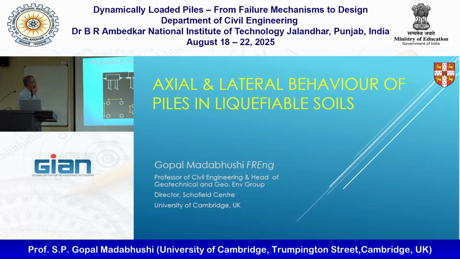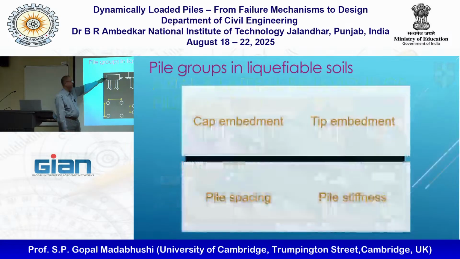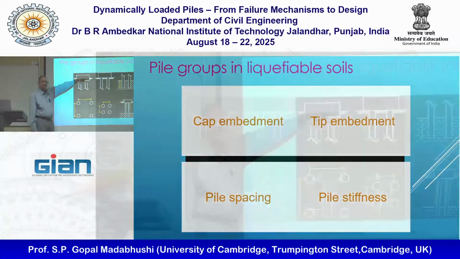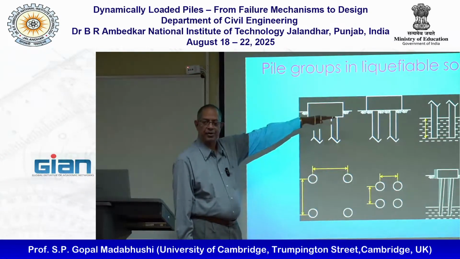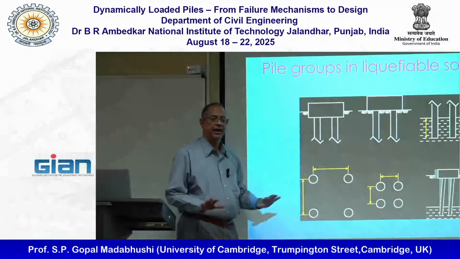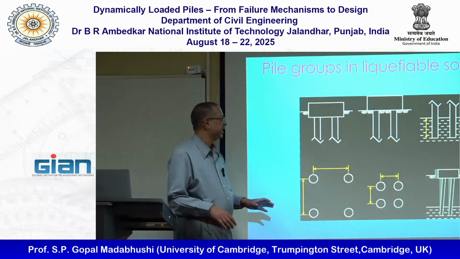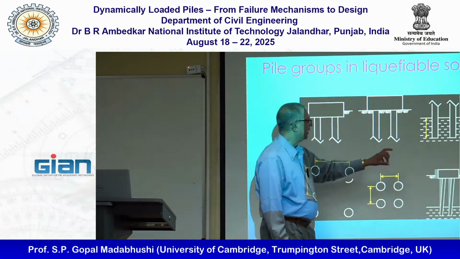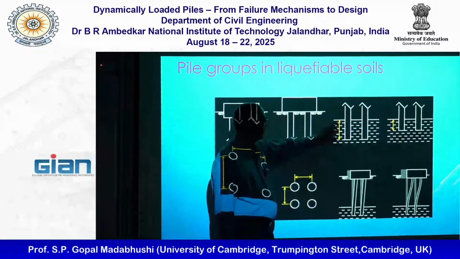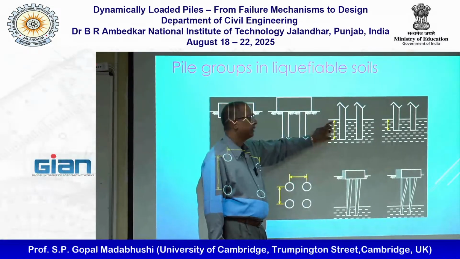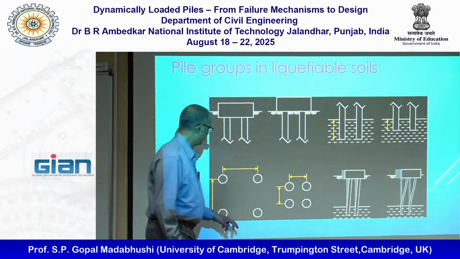So pile groups in liquefiable soils, there are many different issues with them. For example, whether my pile cap is above the ground surface or resting on the ground, or whether it is embedded, that will make a difference. The amount of embedment also makes a difference.